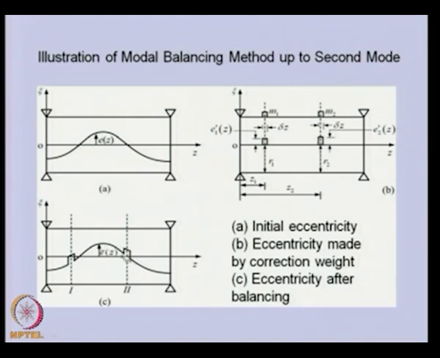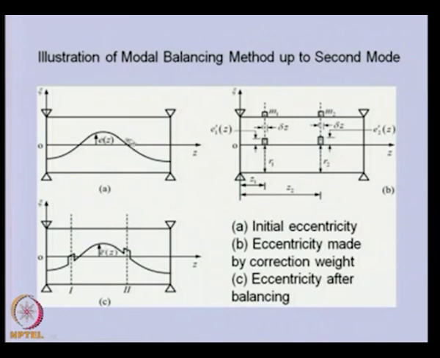Basically, now this is the superposition of these two. To balance this residual eccentricity in the system, we have put two masses. So how will the eccentricity vary? Since this side is in the negative direction, this eccentricity will add up to give this particular shape.